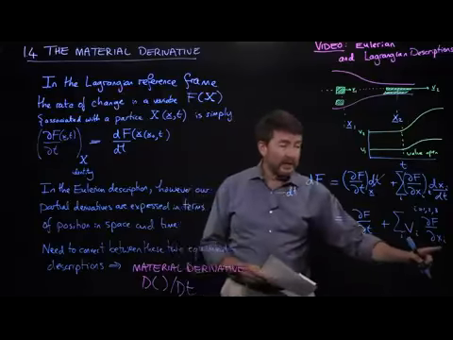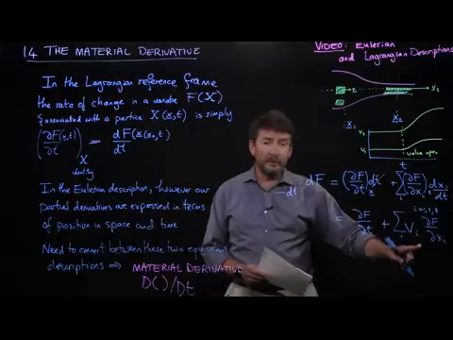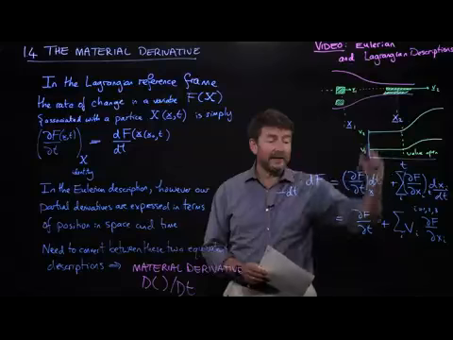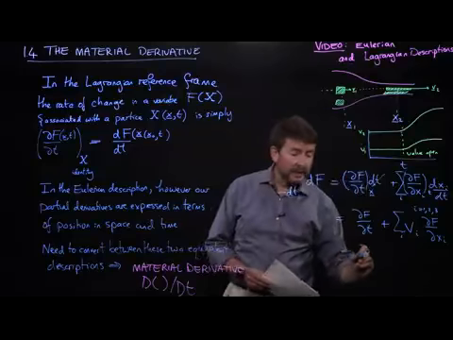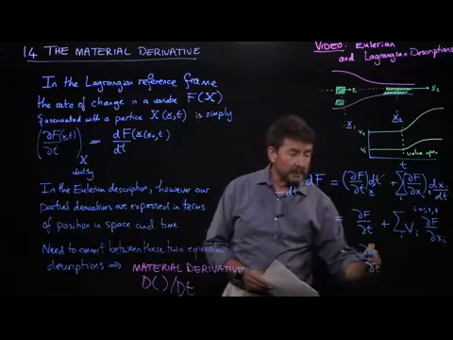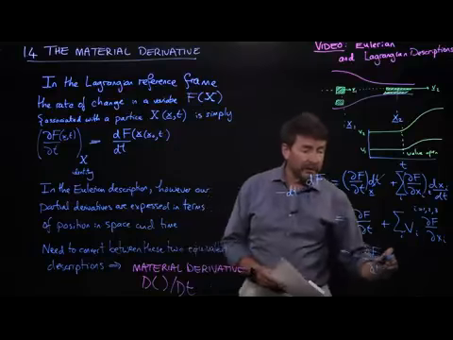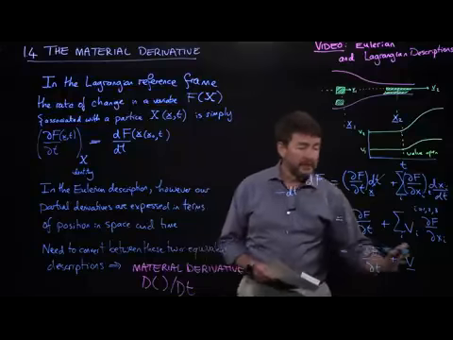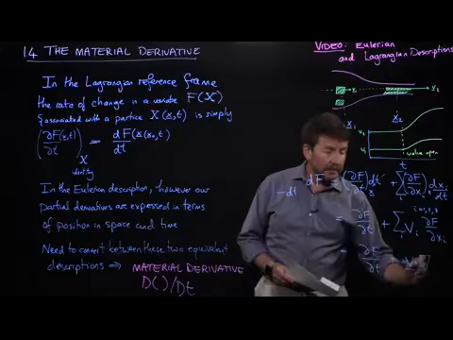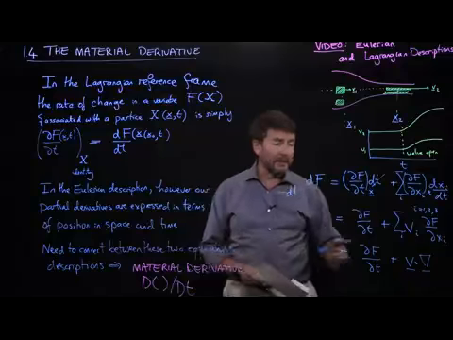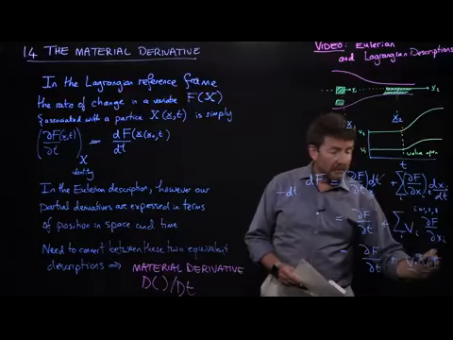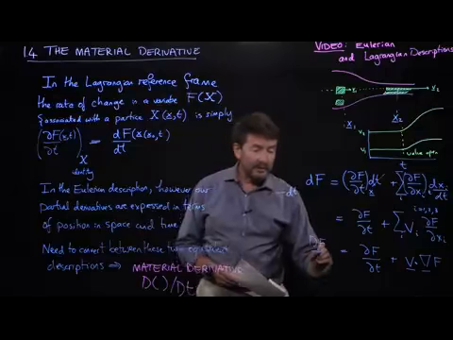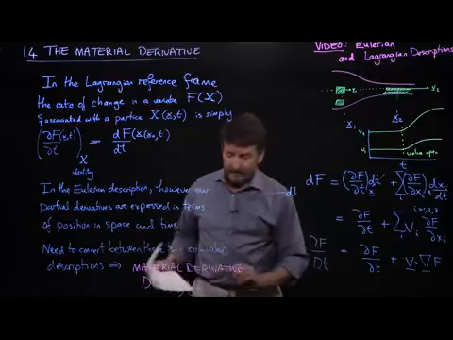Because this is a combination of a vector quantity, which is the velocity, and another vector quantity, which is the position, we'll write this in a simpler way as df by dt, which is the time rate of change, plus the velocity, a vector quantity v, dotted into the gradient operator, or grad, or nabla, of the quantity f. And that quantity is our material derivative, Df by Dt.